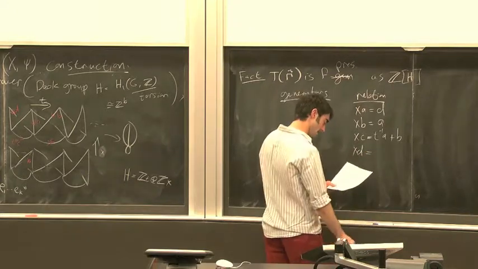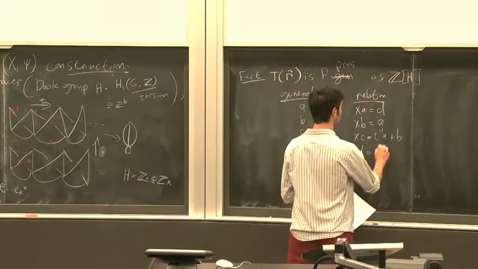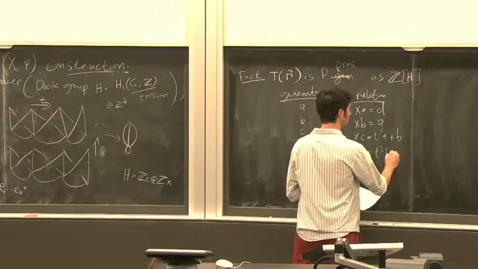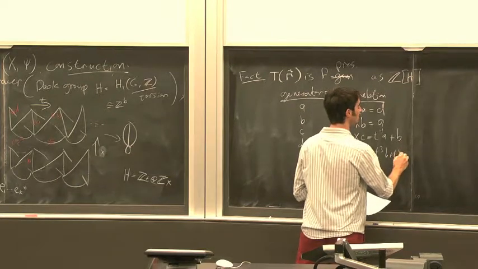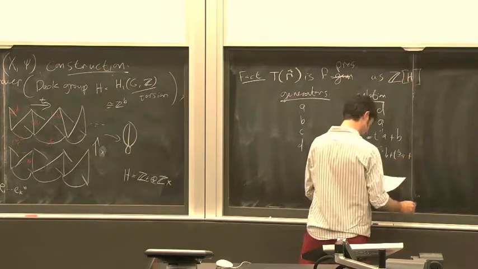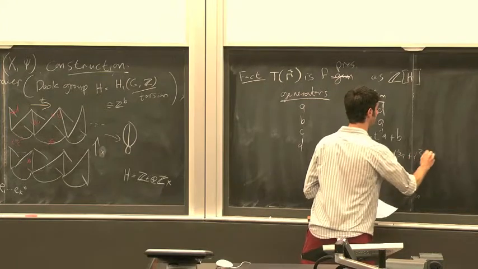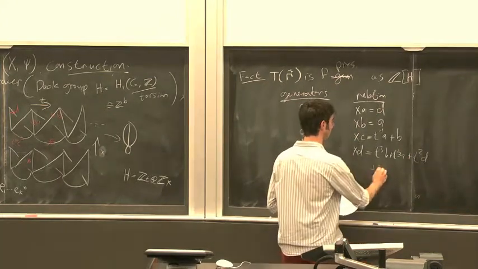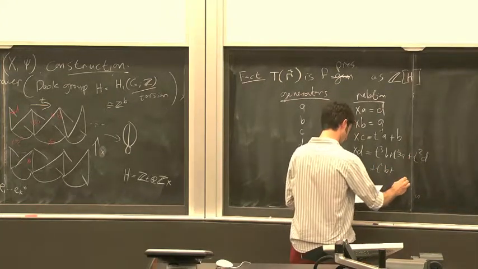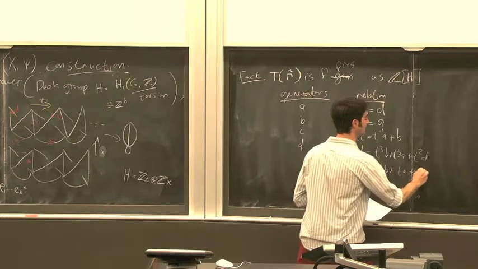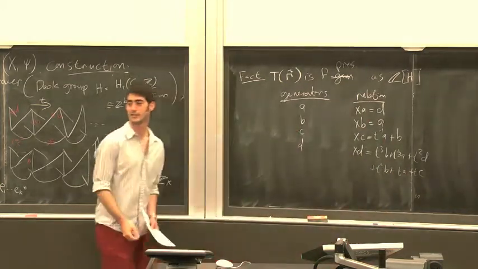D went to BAC, BAD, and this goes to T cubed B plus T cubed A plus T squared D, it doesn't really matter, plus T squared B plus TA plus TC. Okay, whatever it is. All right, so I get some relations.